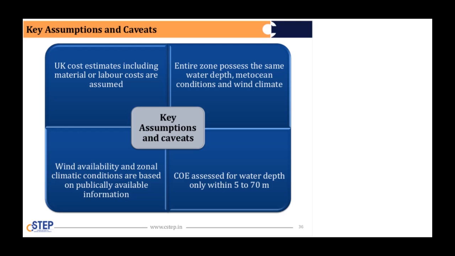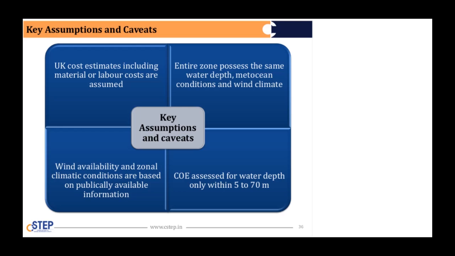The entire zone poses the same water depth. This model didn't account for varying water depths and wind climatic conditions. Wind availability and zonal climate conditions are based on publicly available information.